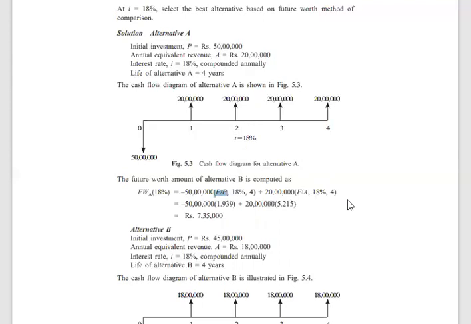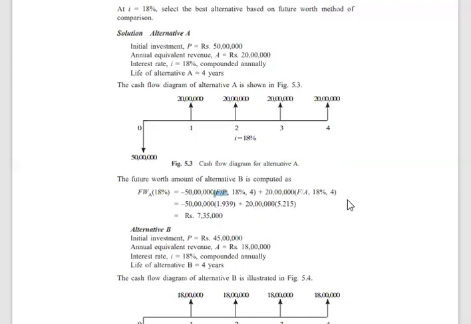Also, i is 18 percent and the life of the alternative is 4. And for the annual equivalent revenue, we have 20 lakhs and F by A, with the value for 18 percent and 4 years of life.